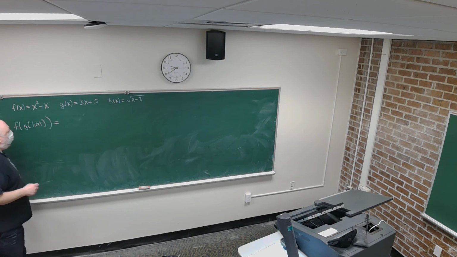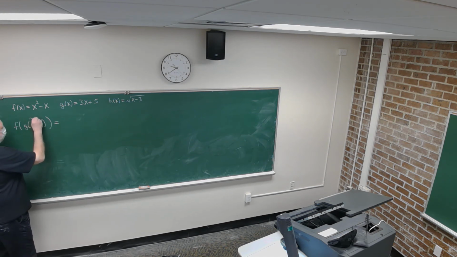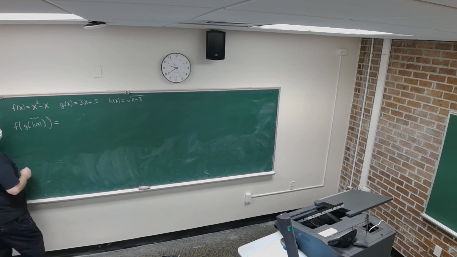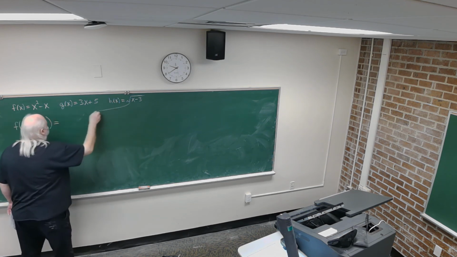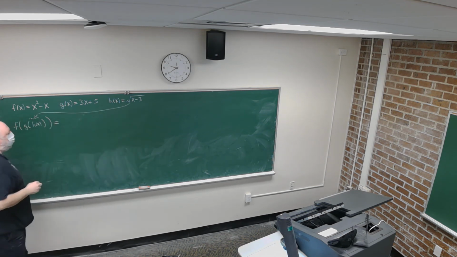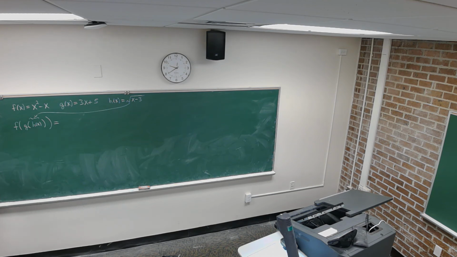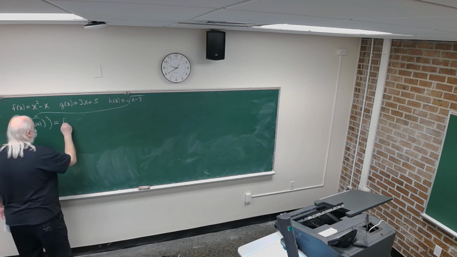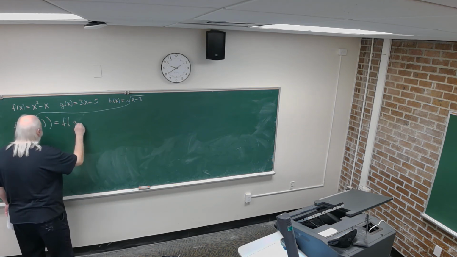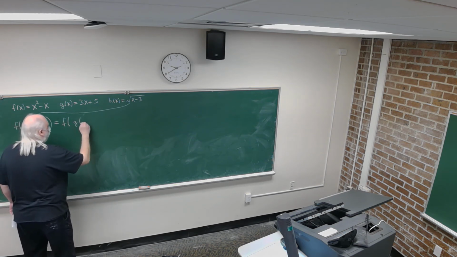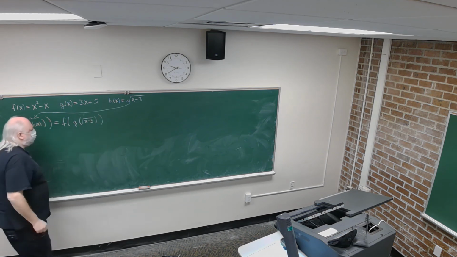But in evaluating this, the process is the same as with just two functions, right? The innermost function, in this case h of x, you replace it with what it's equal to. Okay? And it's equal to the square root of x minus 3. So this is equal to f of g of the square root of x minus 3. Okay.